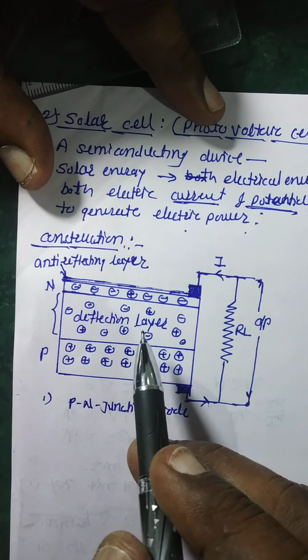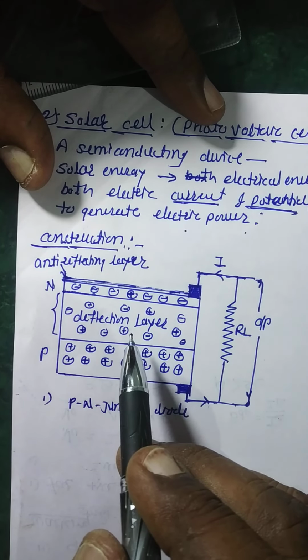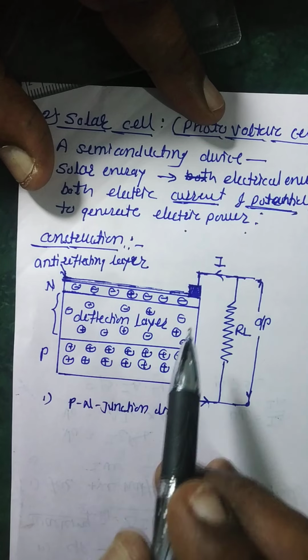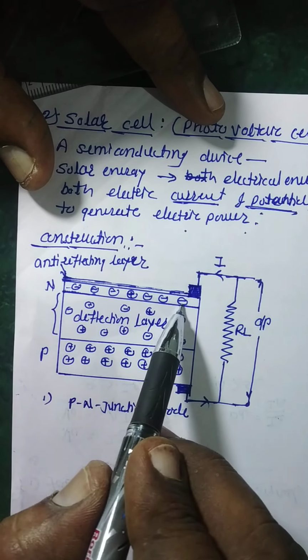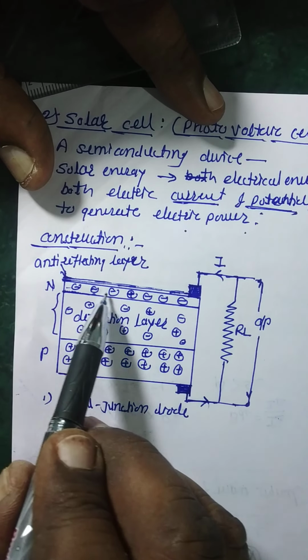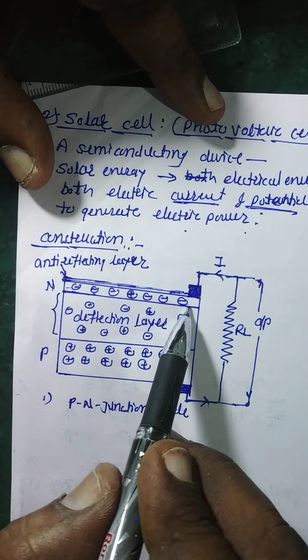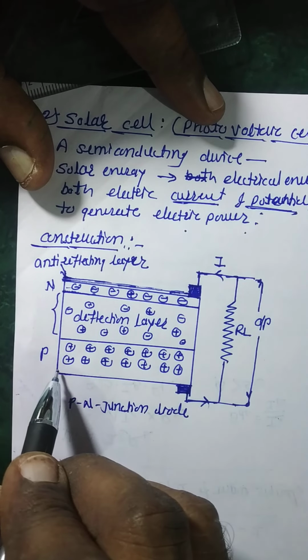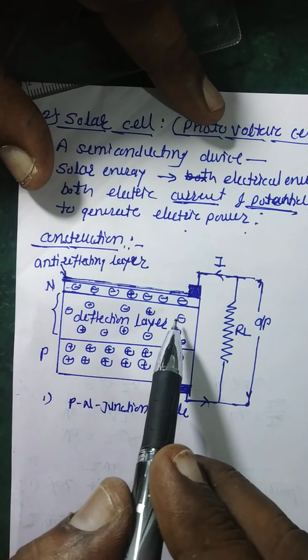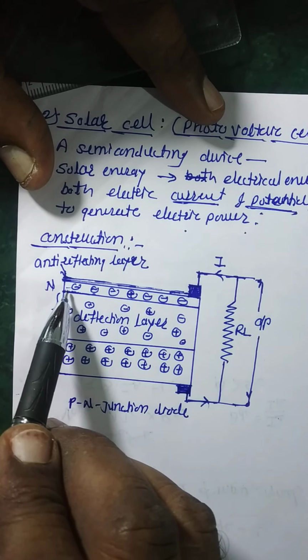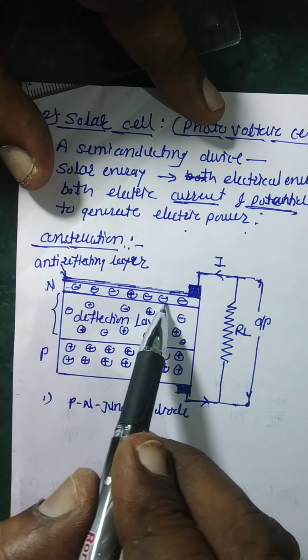Solar cell consists of a PN junction diode. In this diode, an extremely thin layer of N-type semiconductor is deposited on a thick layer of P-type material.